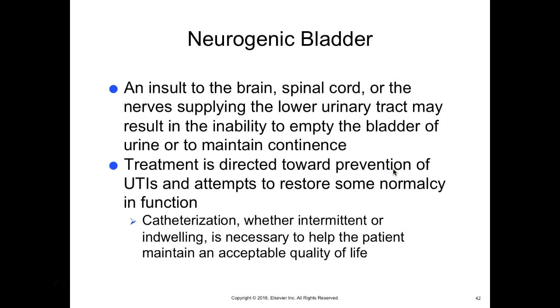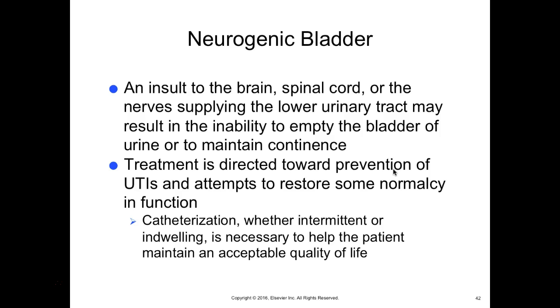Neurogenic bladder. So this is an insult to the brain, spinal cord, or the nerve supplying the lower urinary tract, and may result in inability to empty the bladder of urine or to maintain urinary continence. Treatment is directed towards prevention of urinary tract infections and attempts to restore some normalcy in function.